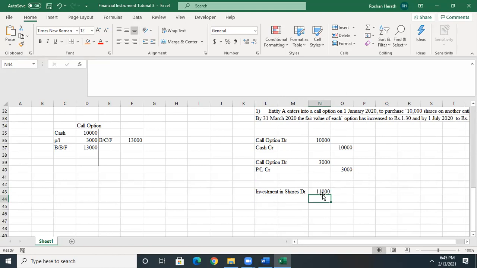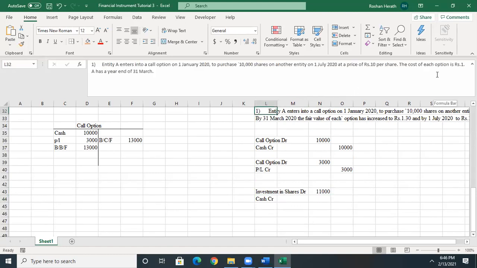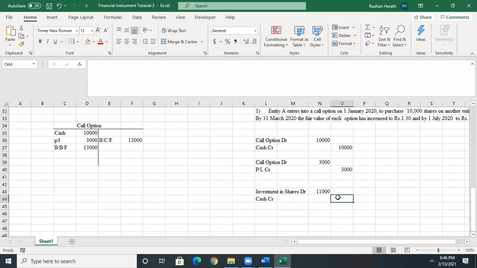But as per the contract, how much do you have to pay? You agreed to purchase these shares at rupees 10 each. That's the contract. So all you are paying is going to be 10 into 1,000 shares, 10,000.